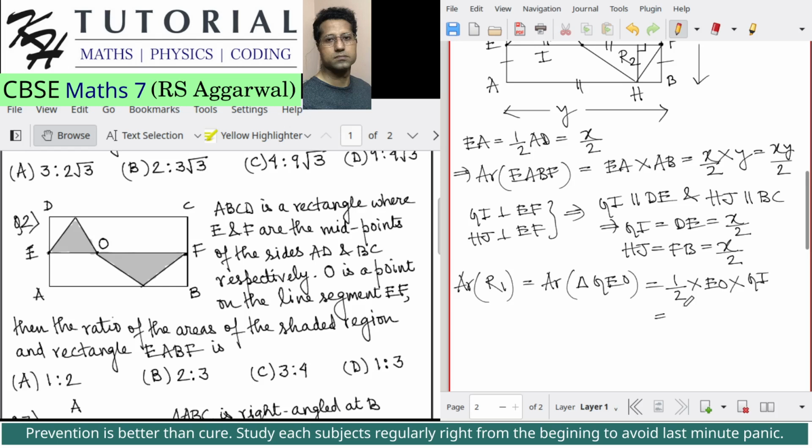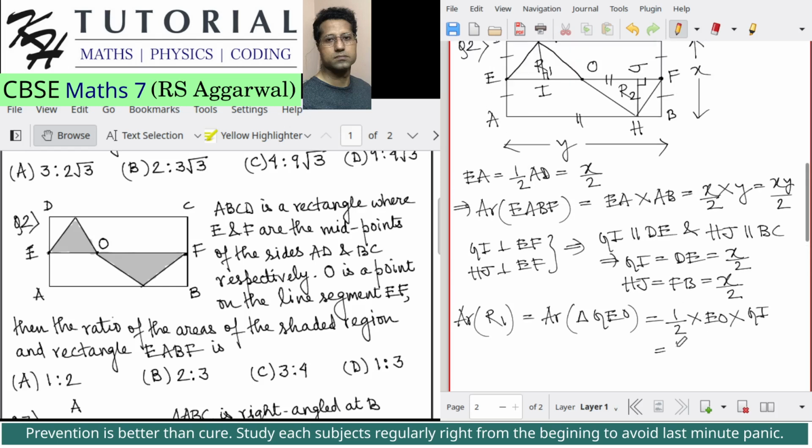This is equal to EO by 2 multiplied by GI, which is x by 2. So this is equal to x multiplied by EO divided by 4.